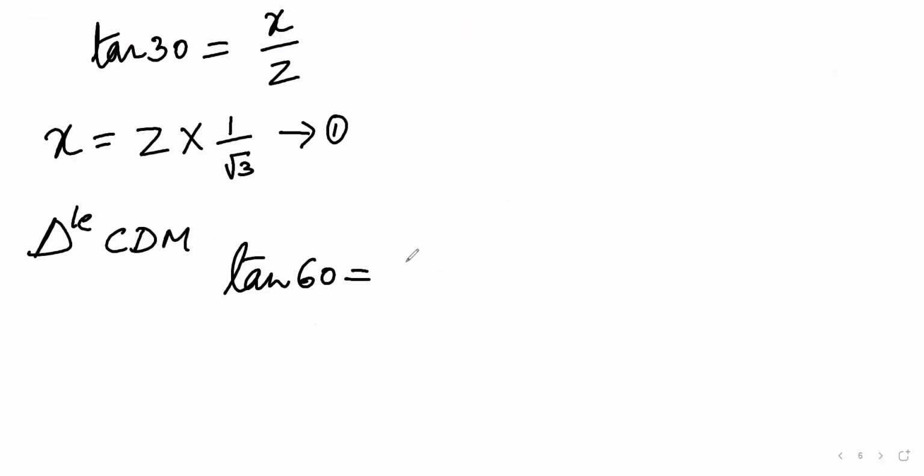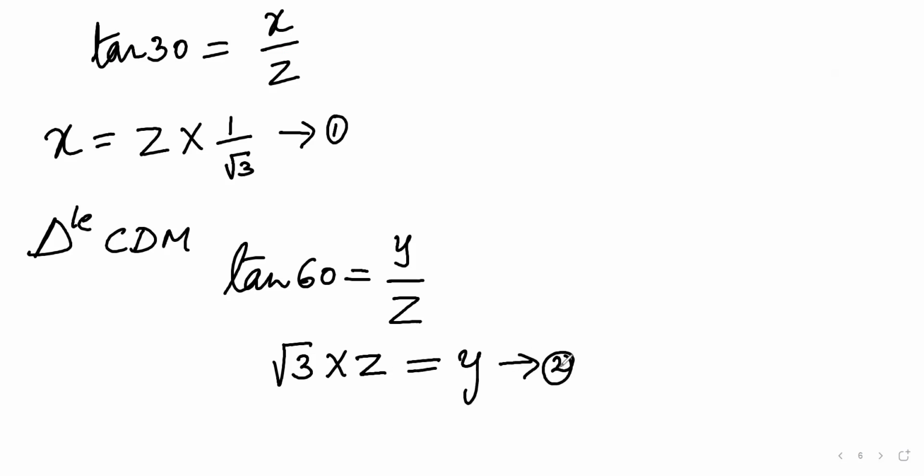So tan 60 equals what? Y divided by z. And here tan 60 equals what? Root 3, and this z will be multiplied here, equals y. We'll call it as equation number 2.